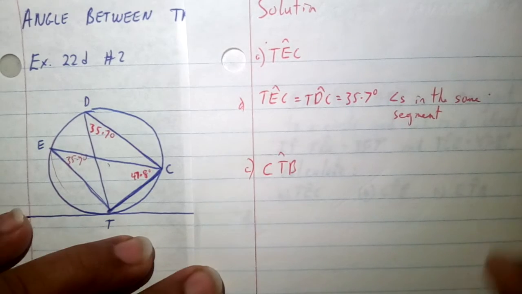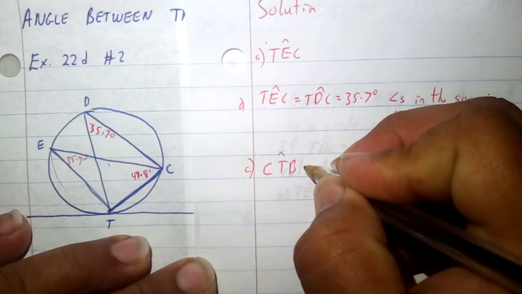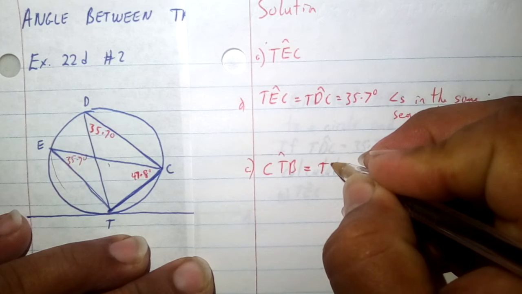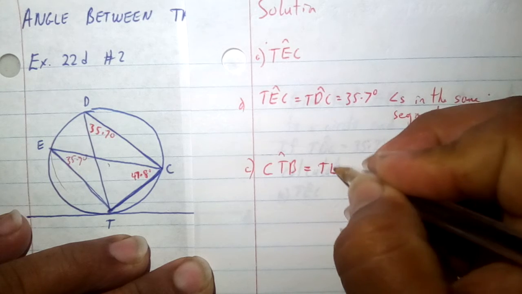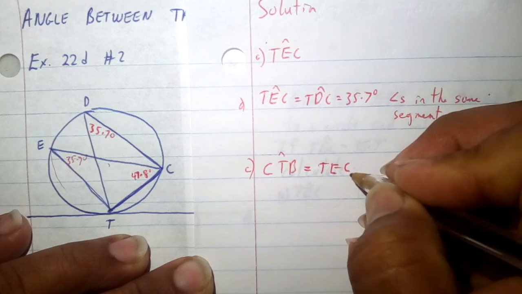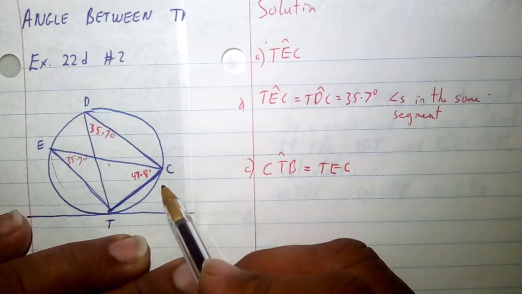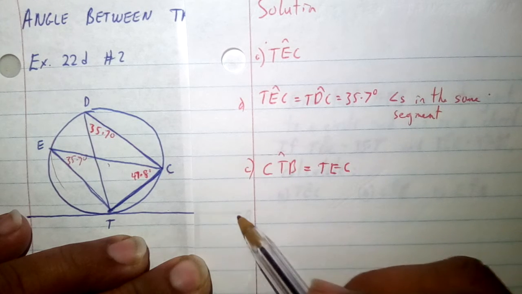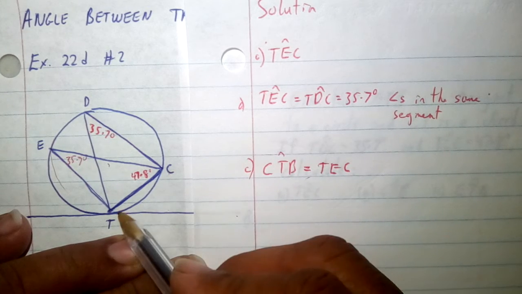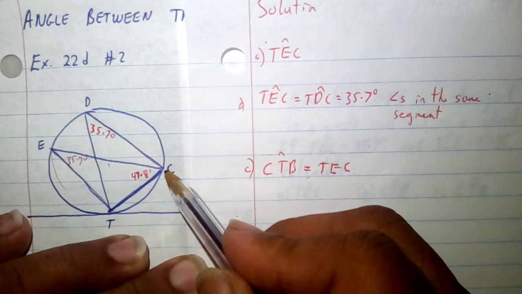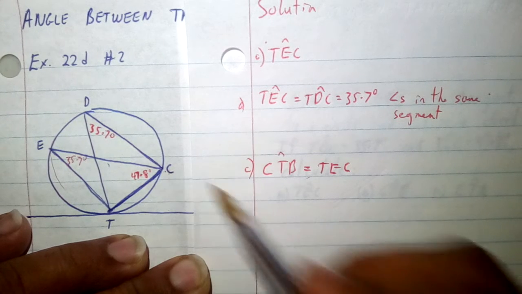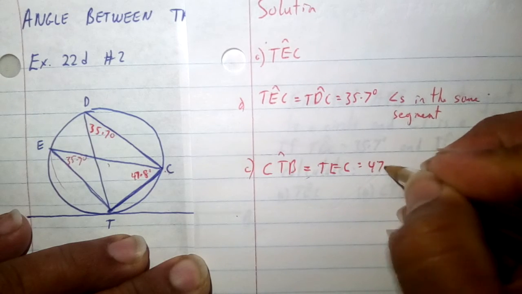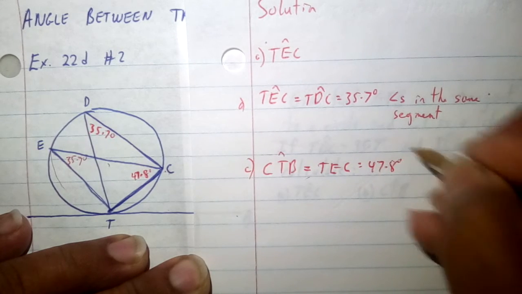So what I do is that I put that CTB is equal to TEC. Remember, CTB is equal to TEC, which is equal to 47.8. Let's give it a reason why.